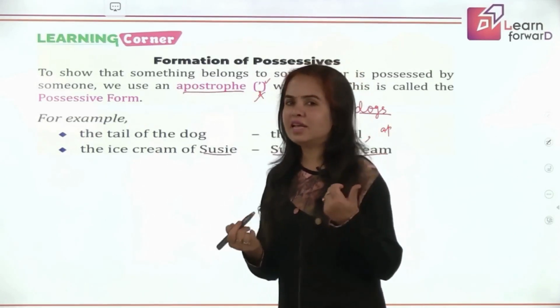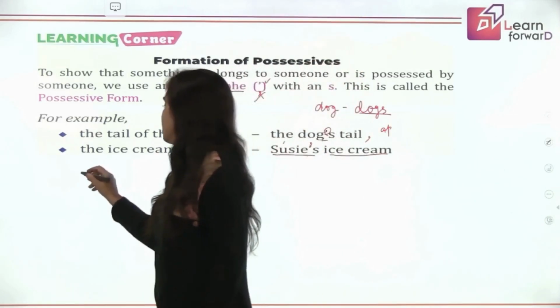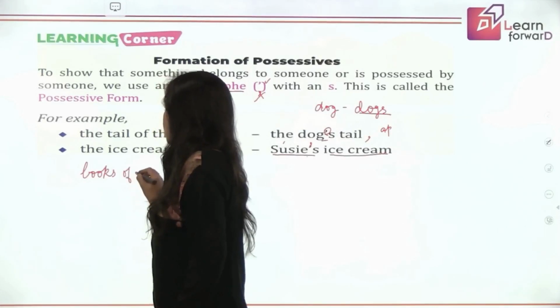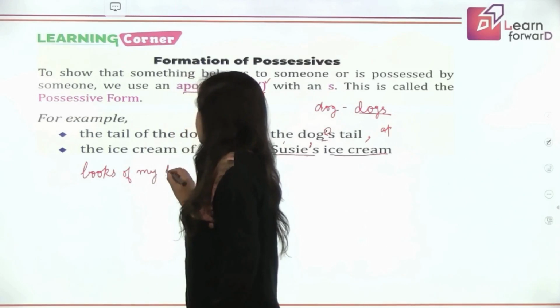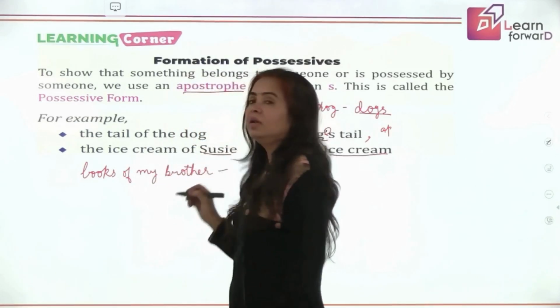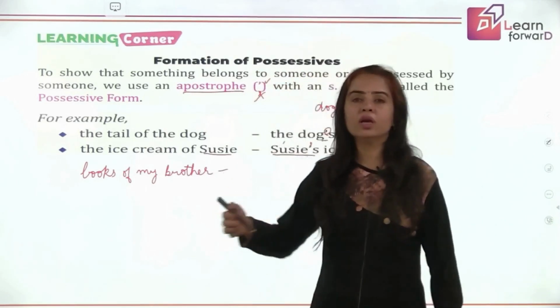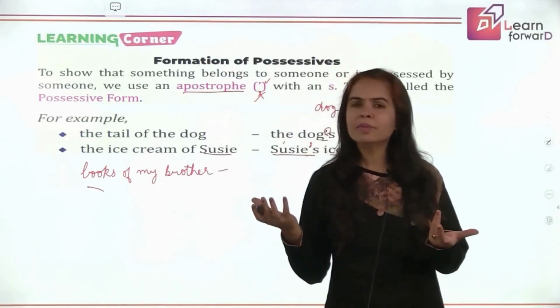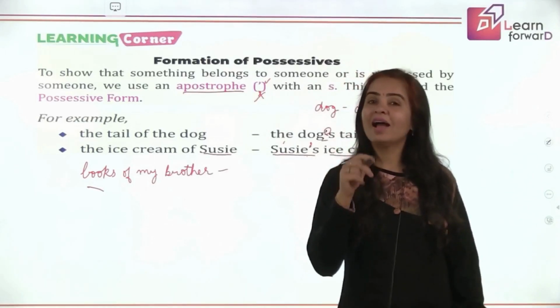Okay, let's take another example. Books of my brother. Now what is the question that I will put, children? What am I talking about? I am talking about the books. But my question will be, whose books am I talking about? My brother.